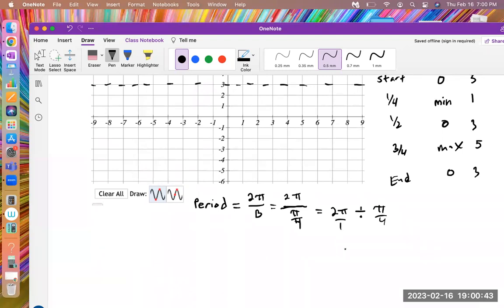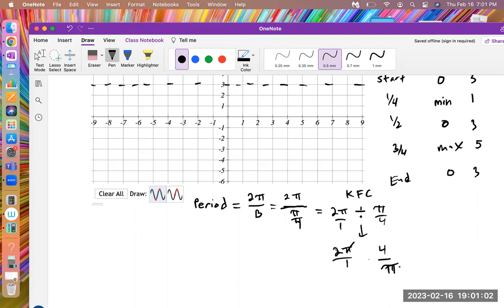So I use keep, flip, change, or KFC. I keep the first fraction the same, I flip the second one, which is 4 over pi, and then I change the division to multiplication.